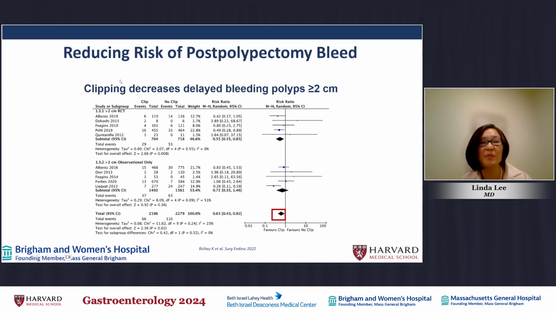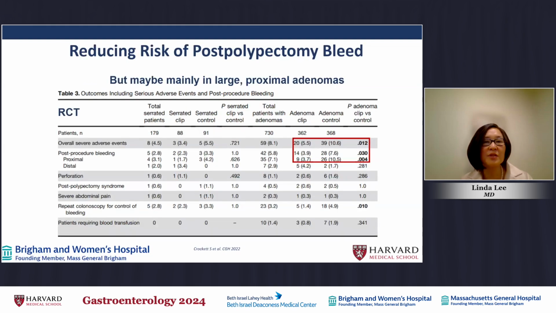This is a meta-analysis that seemed to suggest that clipping does decrease delayed bleeding in polyps that are at least 2 centimeters in size. However, this randomized trial seemed to suggest that the positive effect of prophylactic clipping may be mainly in large proximal adenomas.